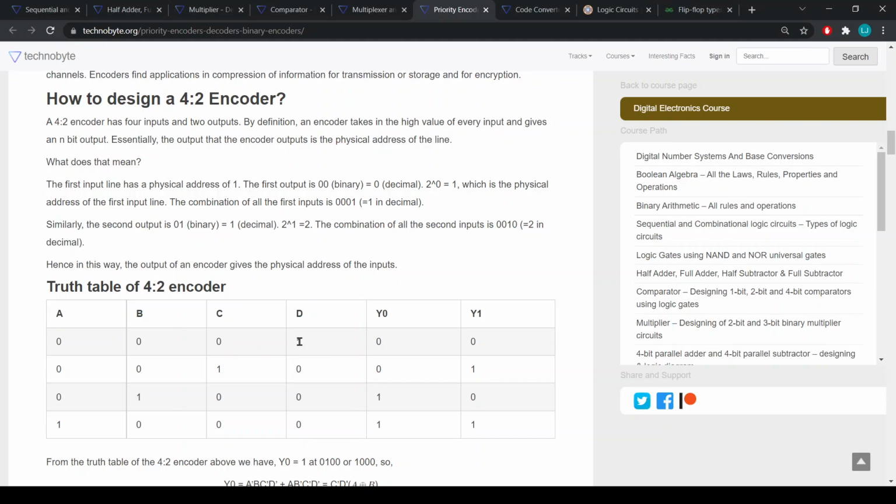So you have 1 here. So 1 is equal to 2 to the power of 0. So you have 0 here, you have 0 here, you have 1 and 0, which is 1, 0 and 1, which is 1. Or 1, 2. So only 2 here has high input.